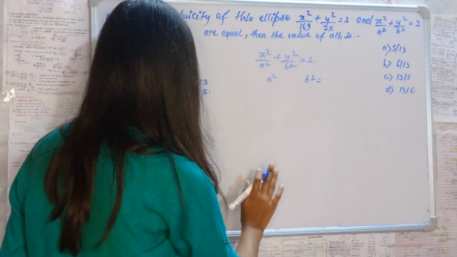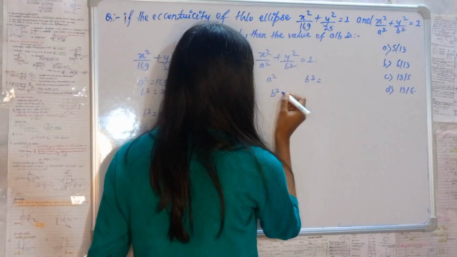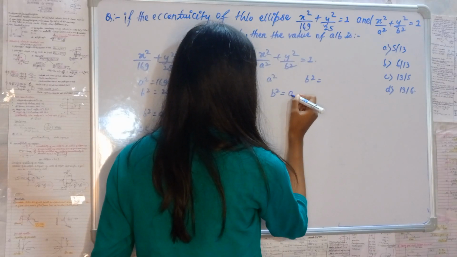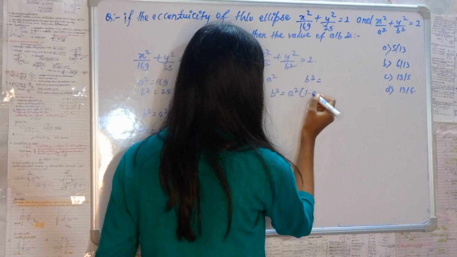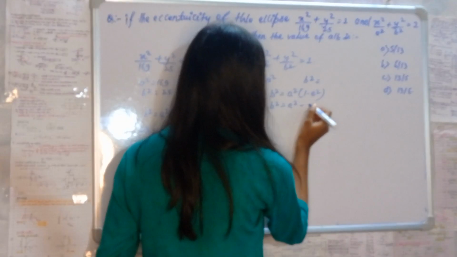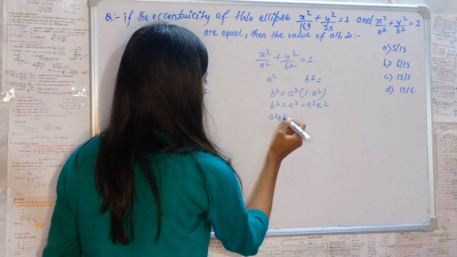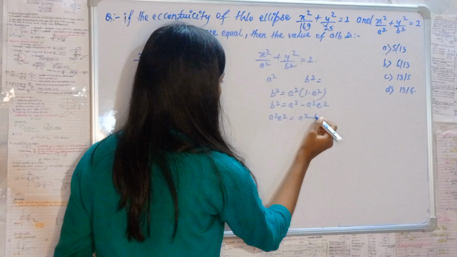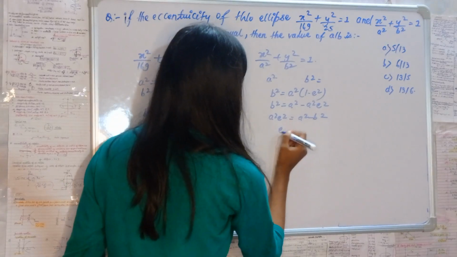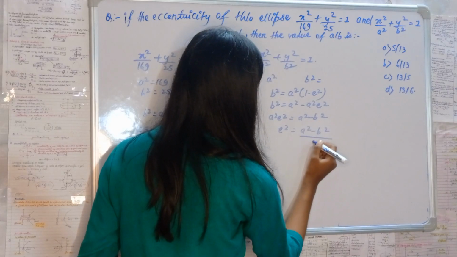Now I am going to calculate for the second ellipse. Here the same relation is valid: b square is equal to a square times 1 minus e square. So b square is equal to a square minus a square e square, so a square e square is equal to a square minus b square. So e square comes out to be a square minus b square upon a square.